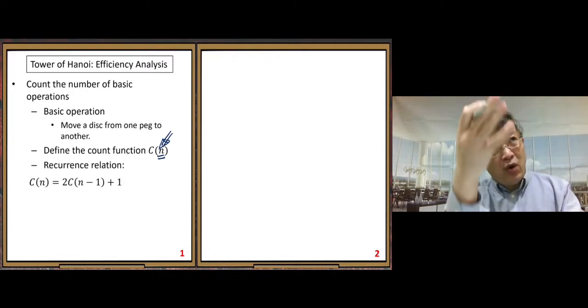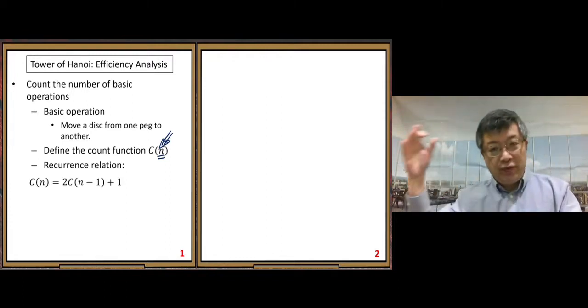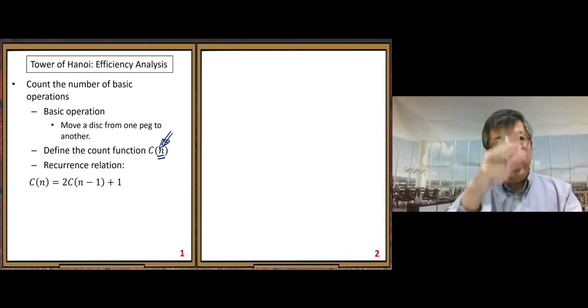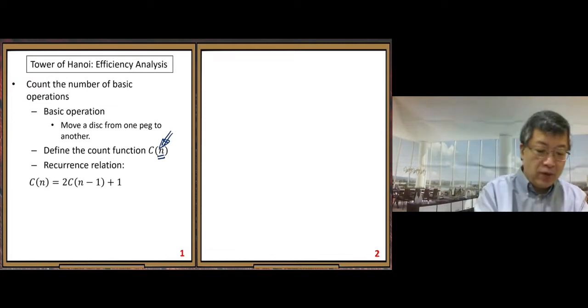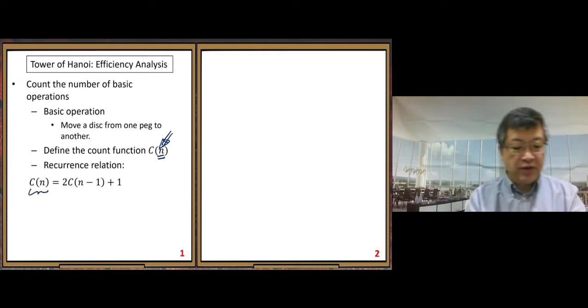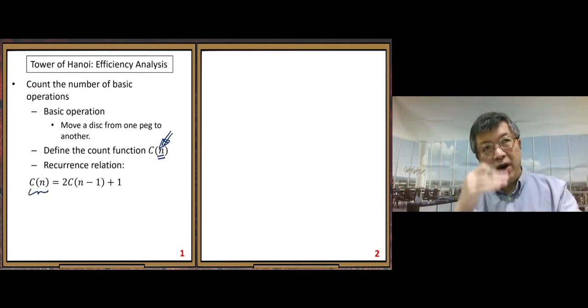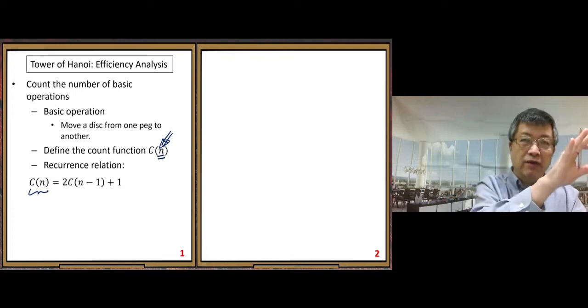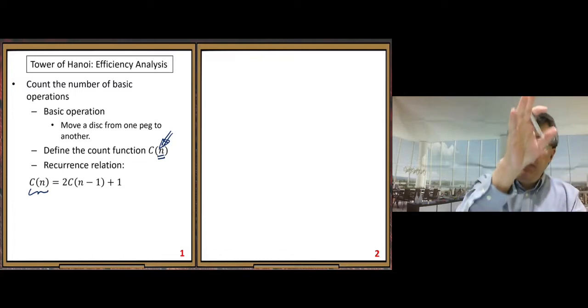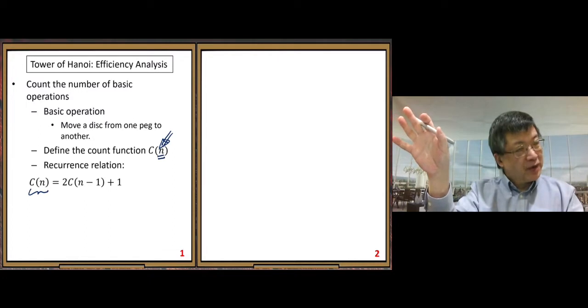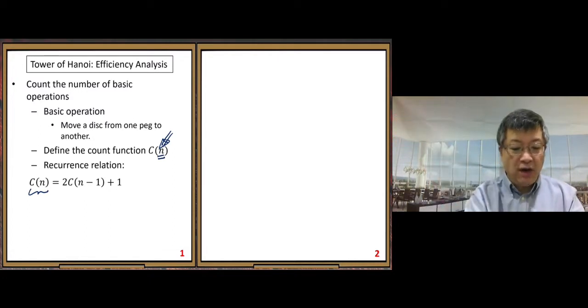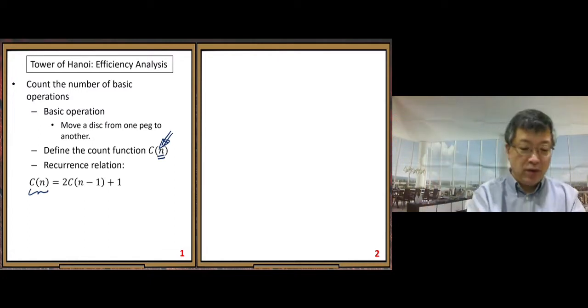Because if we recall the procedure we did in the previous video, you can see to solve the whole problem, we split into 3 parts. 2 of the 3 parts, we solve the problem P of n minus 1. So that corresponds to C of n minus 1. But we did it twice.